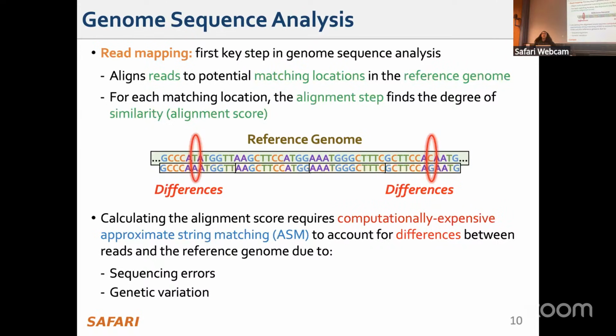Then later on in downstream steps, these similarities and differences can hint to some important biological or medical clues, and enable a lot more accurate diagnosis or understanding of a complex environment compared to many other types of tests that are done. But performing this alignment step is very difficult because we need to perform computationally expensive approximate string matching to account for differences that can arise either due to sequencing errors or genetic variation.